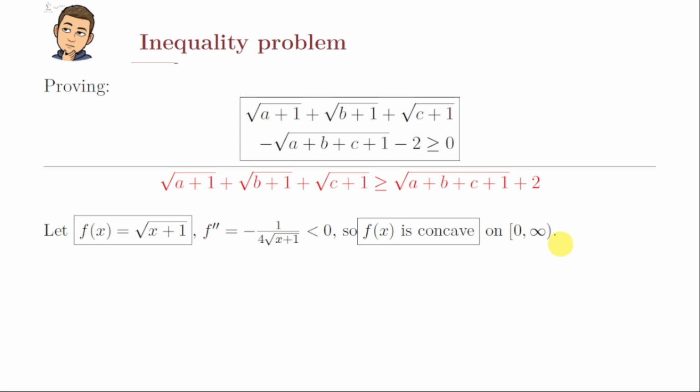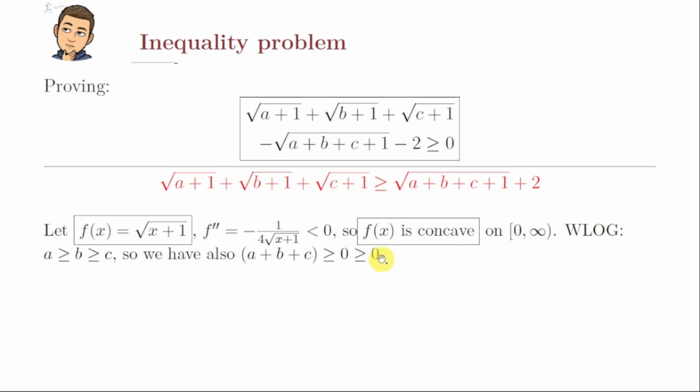Okay, and then let us take the sets of points. Now, without loss of generality, since this inequality is symmetric in terms of the variables a, b, and c, we can say a is the largest one, then the second one is b, and the smallest one is c. This is the first set of points: a, b, and c. And then we can also have a plus b plus c is bigger than or equal to 0, and it is bigger than or equal to 0 too.